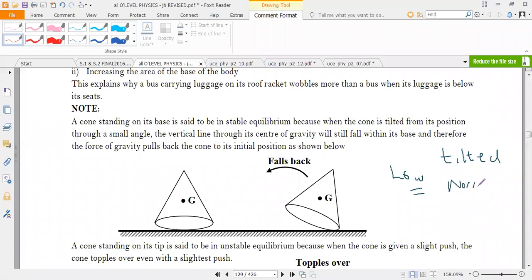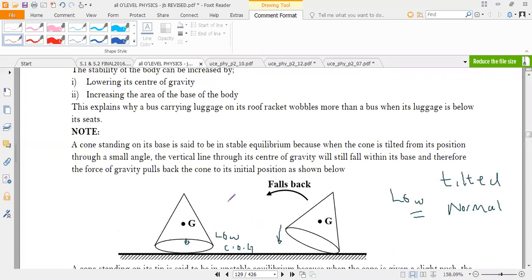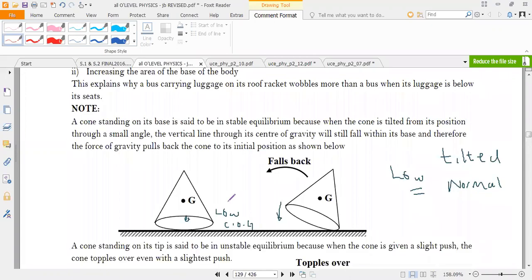In this case, you can see this body's mass is concentrated on the lower end, so it has a low center of gravity, such that when it is slightly tilted, it falls back to its original position. Basically, you can see that the base area is large.